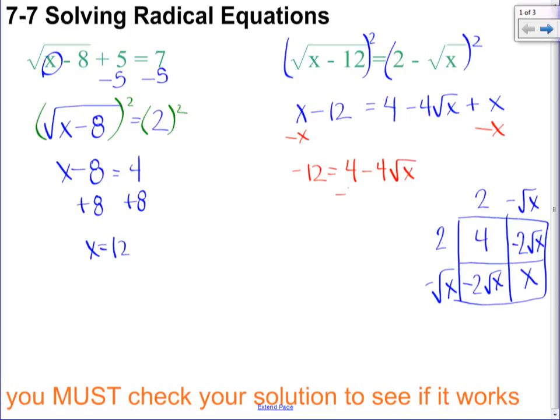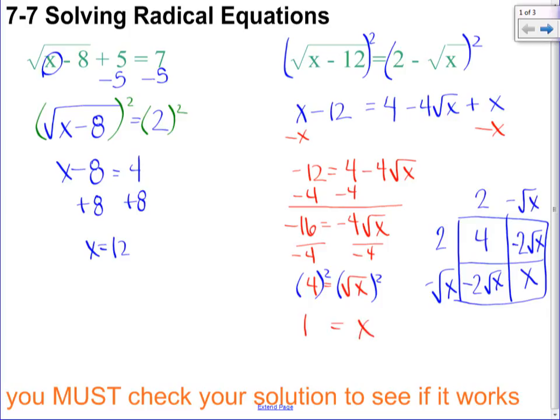Subtract 4. So we have positive 4 equals square root of x. Square it. Okay, so we get 16.